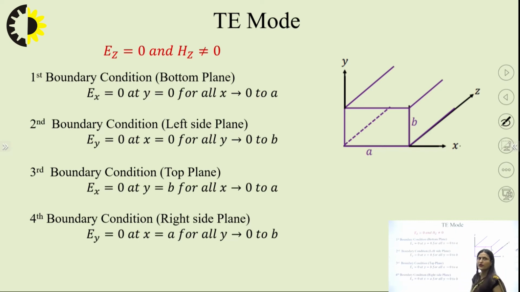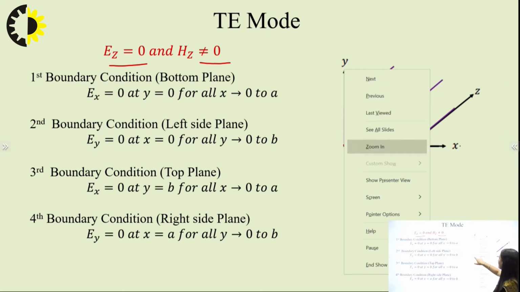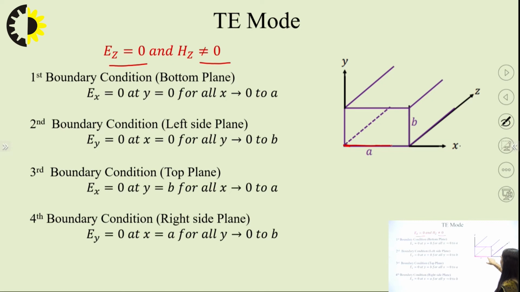So the condition of TE mode is that Ez is 0, it means the electric field in the direction of propagation is 0, but the magnetic field is not 0. Again I will write four boundary conditions. The first boundary condition states that Ex is 0 at y equal to 0, x varies from 0 to a. Okay, because here the magnetic field is not 0, but the electric field is 0.